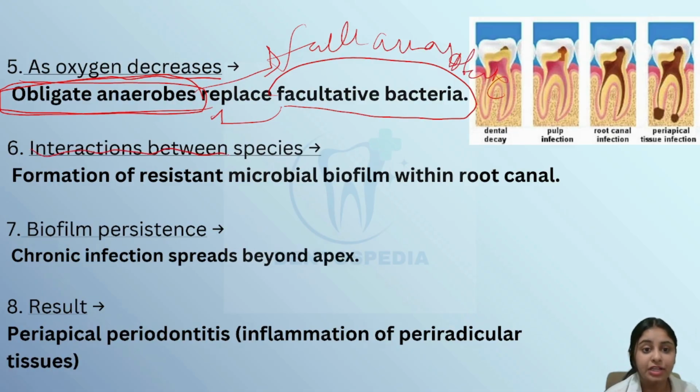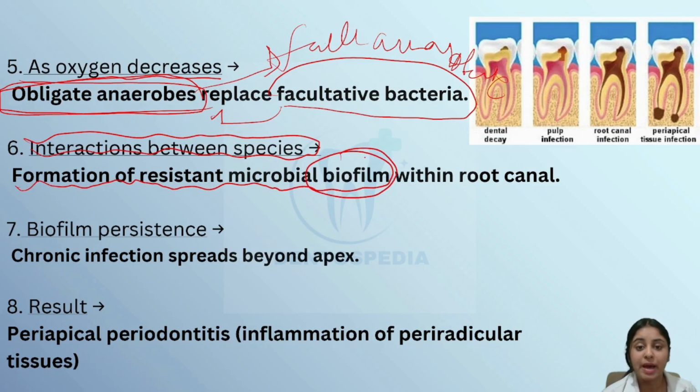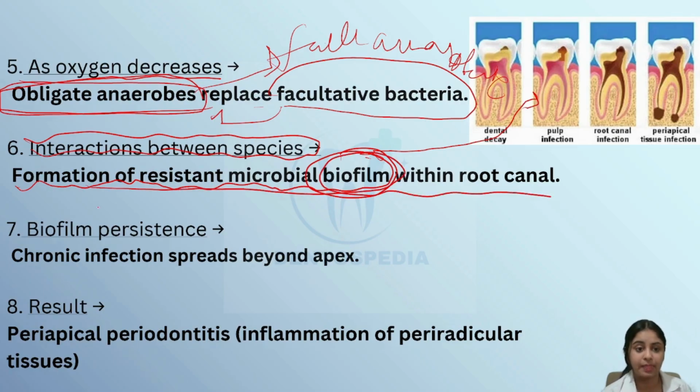Then the interaction between all these species causes the formation of a resistant microbial biofilm. Biofilm is the communication between the different species which helps them attach to any surface like the root canal. So the interaction between all these bacterial species causes the formation of biofilm within the root canal, and then this biofilm persists.